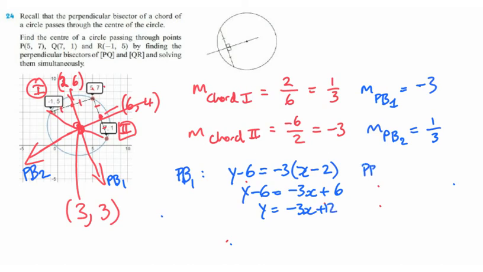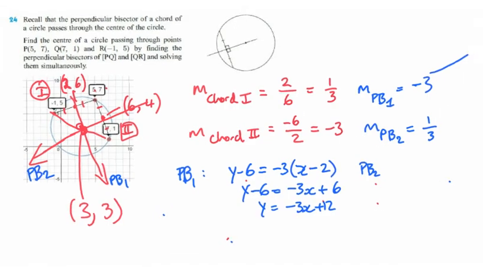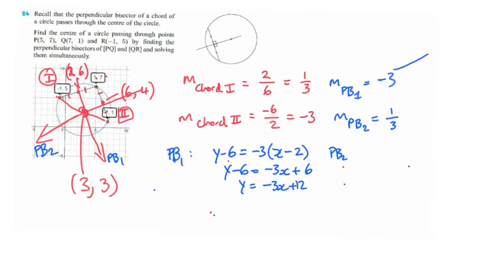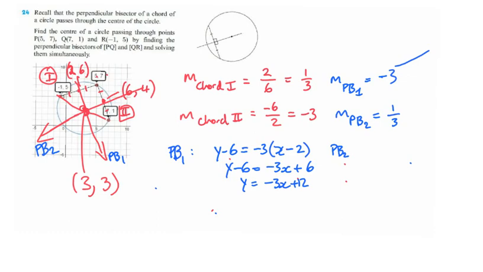Perpendicular bisector number 2. Again, I'm going to use my gradient point form. You can see I was trying to adjust the size of the screen and forgot to change the symbol first, so I've got something else to rub out now. That's okay, let's get that done. Doesn't want to behave. Alright, we'll just keep going then. Perpendicular bisector number 2.